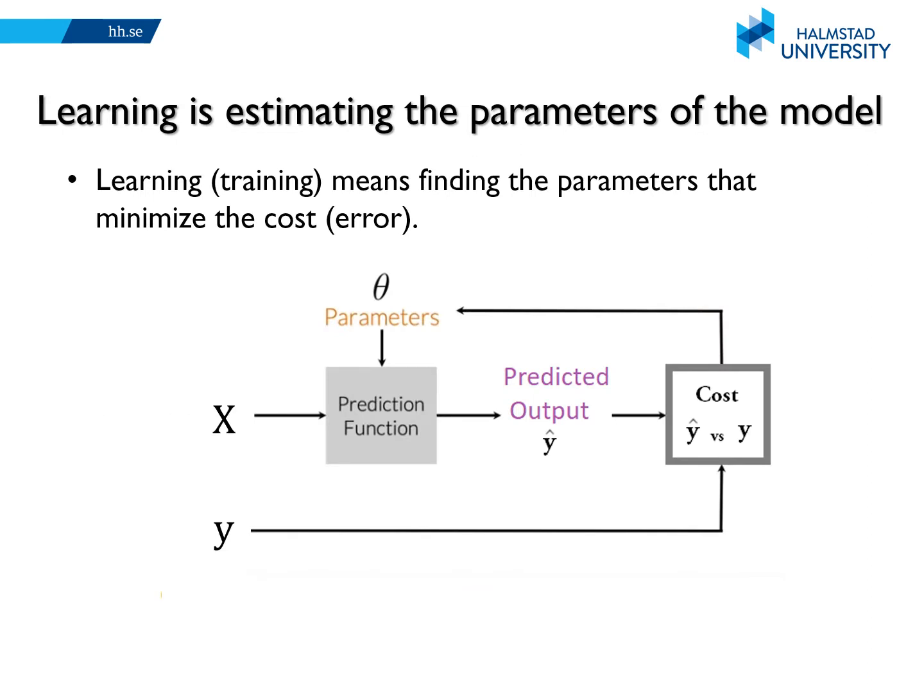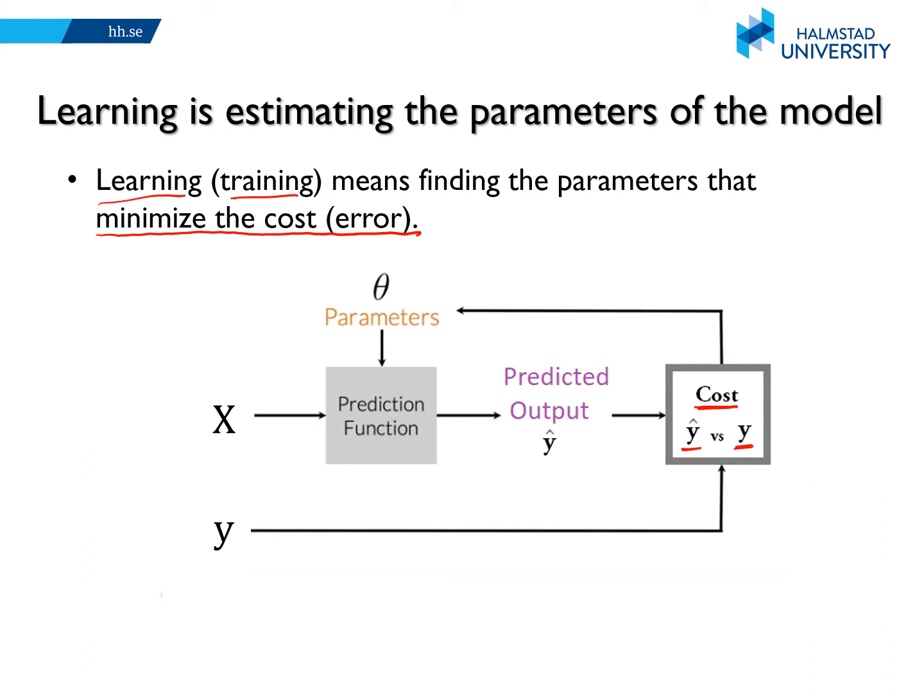We mentioned earlier that learning or training means estimating the best parameters of our model. So what do we mean by the best parameters? It's actually the set of parameter values that minimize some cost function or error function. So we have something called cost function, and this computes how much the predicted output is different from the true output.